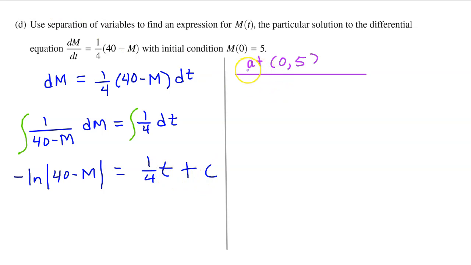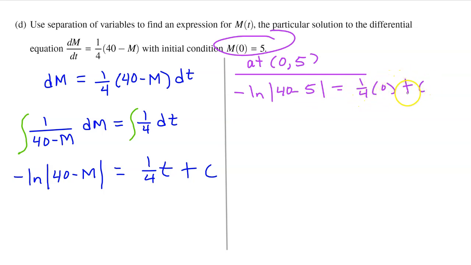Now it's time to use the initial condition (0, 5), which I'm getting from this, in order to find the value of c. So at (0, 5), we get negative natural log absolute value of 40 minus 5, and that's going to equal 1/4 times 0 plus c.